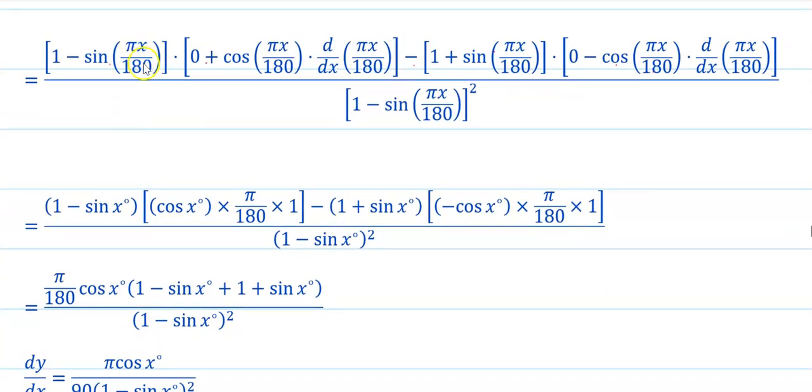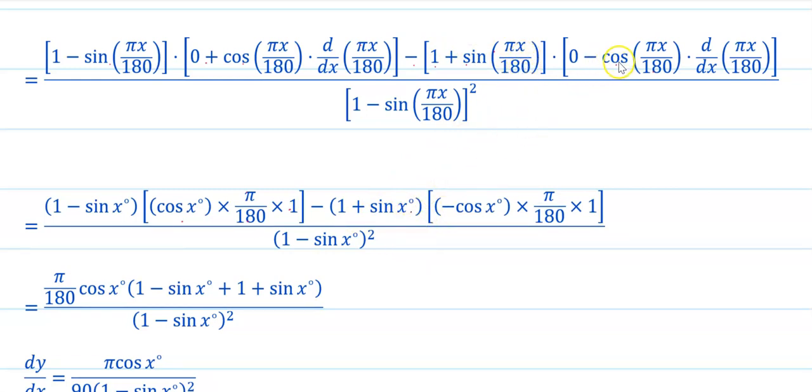Okay. आता बघा पुन्हा इथे कन्वर्जन पुन्हा डिग्रीमध्ये करणार 1 minus sin of x degree. Okay, cos of x degree into. Now what is the derivative of x is 1, and then you will get pi upon 180. Therefore pi upon 180 into 1. पुढे बघा 1 plus sin of pi x upon 180. Again it is a x degree.